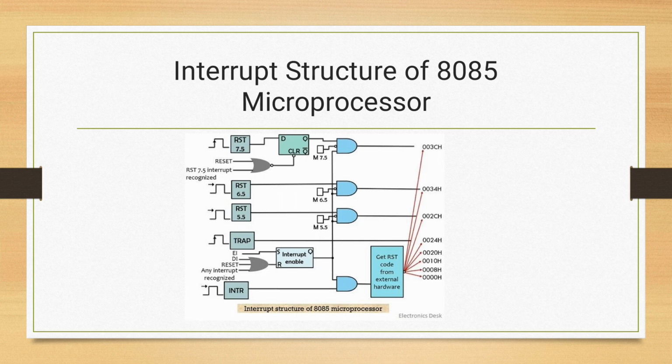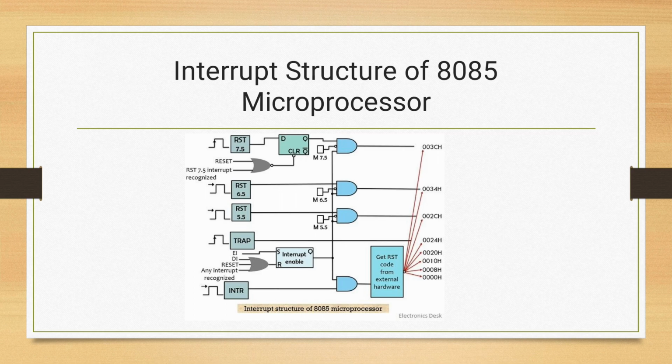When the mask bit is set to 1, then the interrupt will be deactivated according to this particular diagram. Whenever an interrupt occurs, whether it will be activated or not depends upon two things. When the EI line is 1 and the mask bit is 0, then RST 7.5 will be activated.